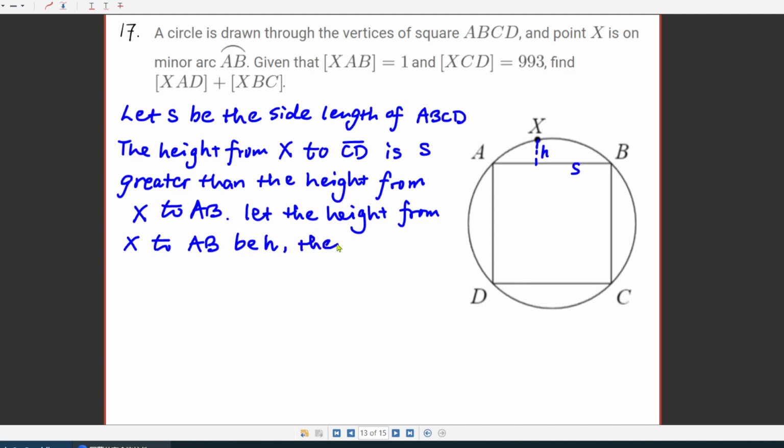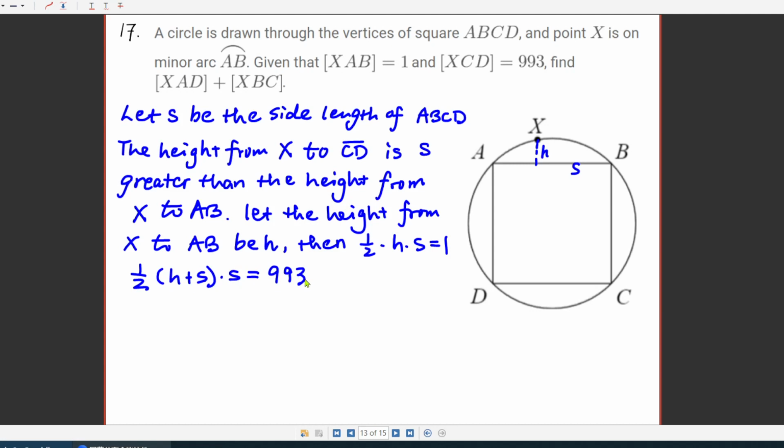Then we have 1/2 of H times S equals 1, right? Because it says the area of triangle XAB is 1. So we have 1/2 of S times H equals 1. And also 1/2 of H plus S times S equals 993, right?